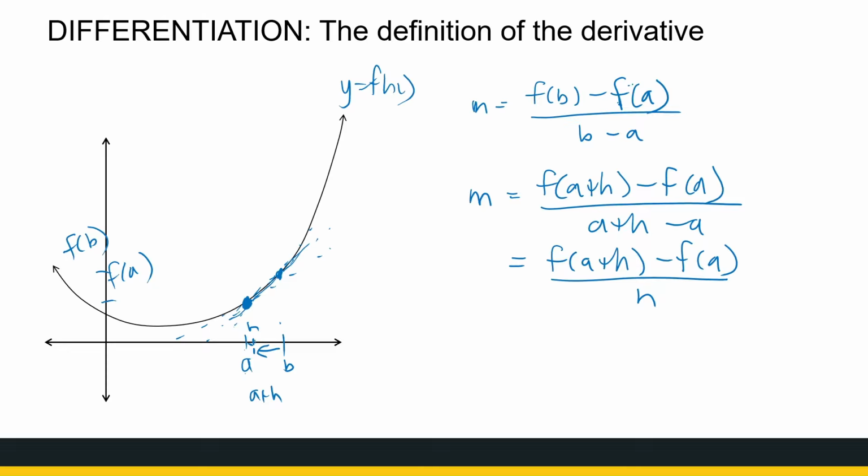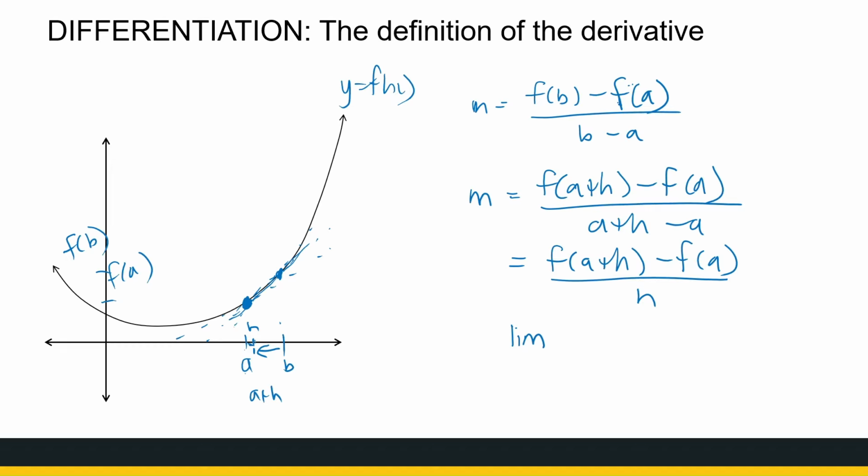Now we've got a concept in mathematics called limits. If you're not familiar with that, there'll be a playlist on limits on this channel, so you can go look at that. But what we want is to make h as small as possible. I want to get it as close as possible to a. But now remember, we can't have h be 0.